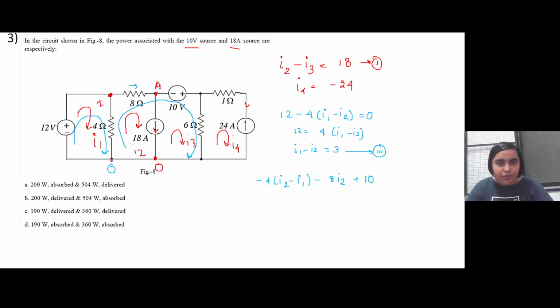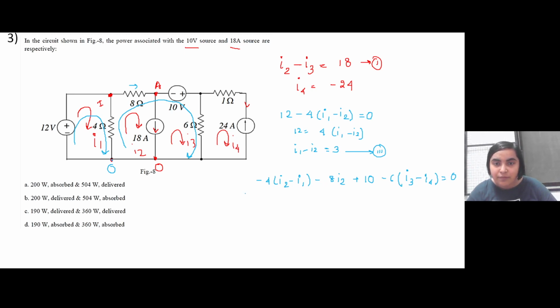Then we come across this 6 ohm resistance. In this 6 ohm resistance, the current flowing is I3 minus I4, right? Equal to 0. Now we already have the value of I4, so we can write this equation in terms of I1, I2 and I3. Is it okay till now? Is it okay for everyone?